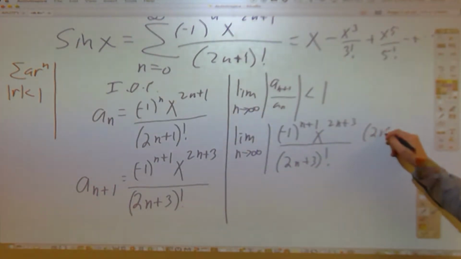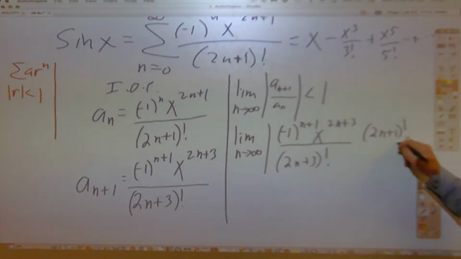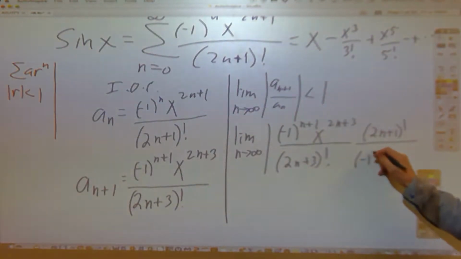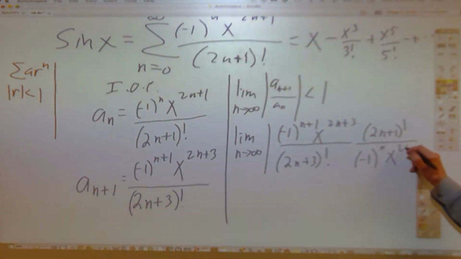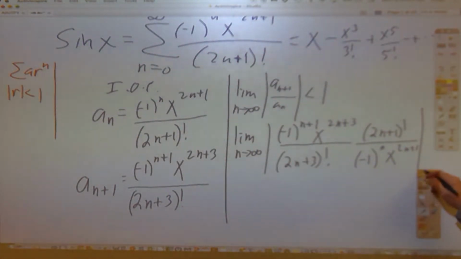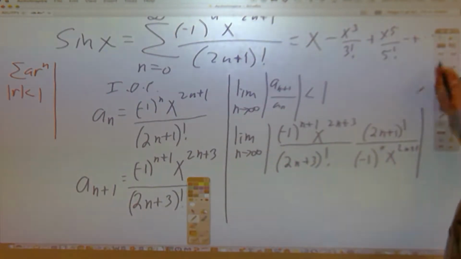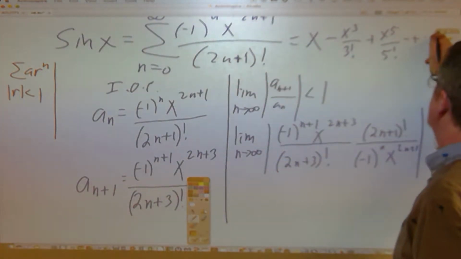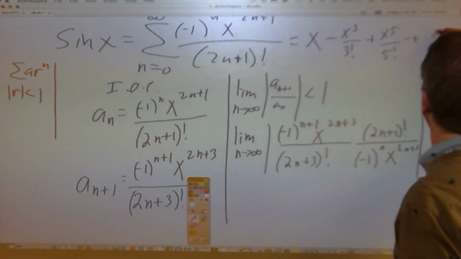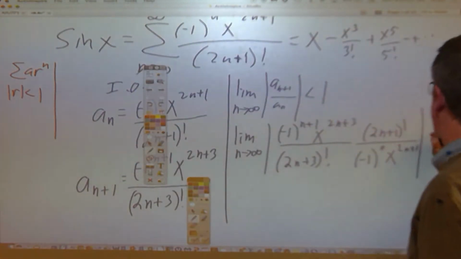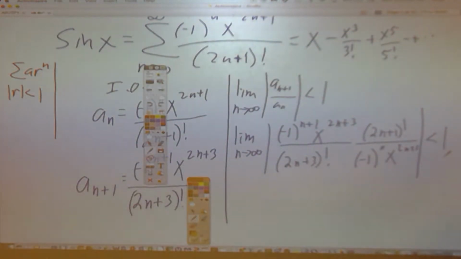So that's 2n plus 1 factorial upstairs, and the other part is downstairs. Okay, I'd like you to, after copying down the less than 1, see how far you can get. See if you can solve this inequality for x. Try it, see what happens.